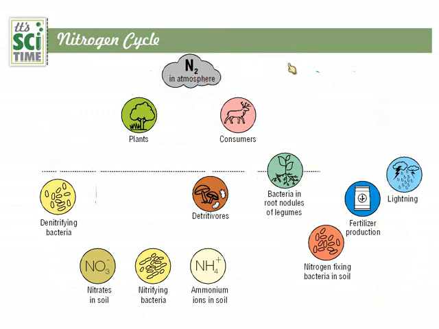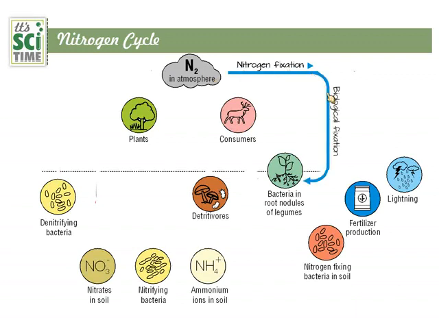As in the carbon cycle, this also starts from the fixation process, nitrogen fixation. And the basic nitrogen fixation process is biological fixation. There are bacteria living in soil and in root nodules of leguminous plants, and those bacteria can fix nitrogen. Rhizobium is a nitrogen fixing bacterium.